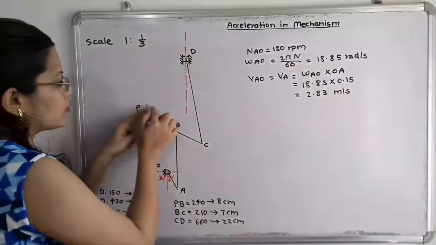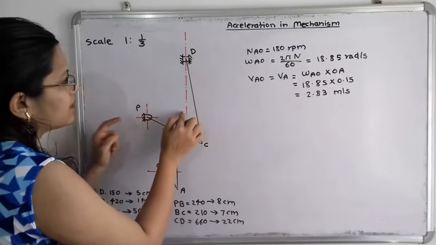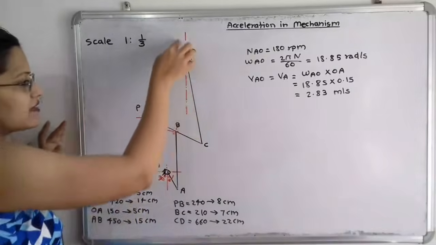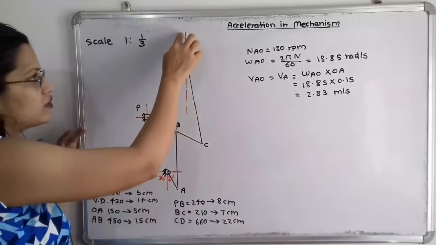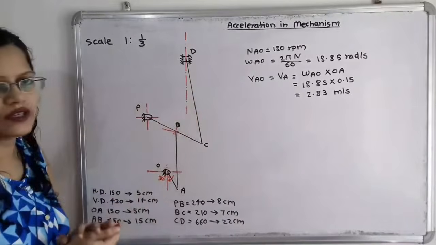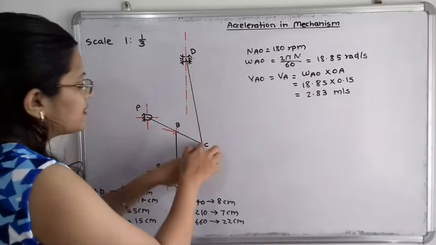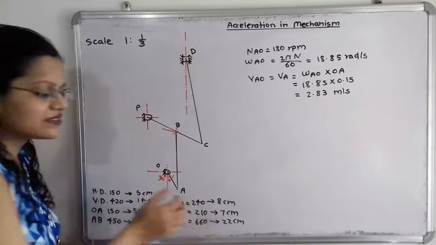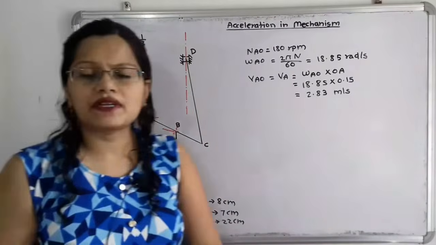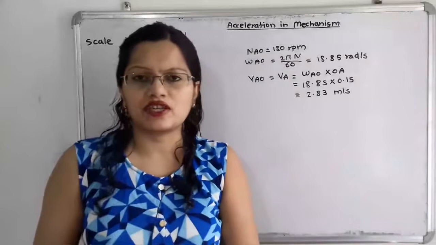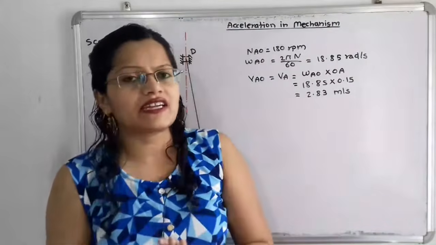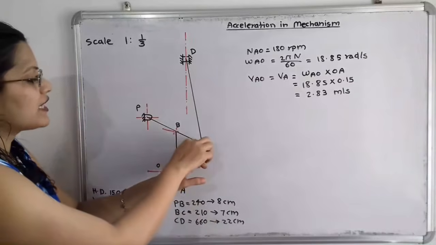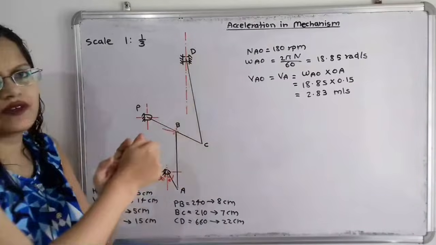We take this horizontal distance as 10 cm and mark one line, because the motion of the slider is along this vertical line. From this point C we can take the arc. CD length 660 mm is given, that is 66 cm. So 66 divided by 3 is equal to 22 cm, and we take C as a center and mark one arc.